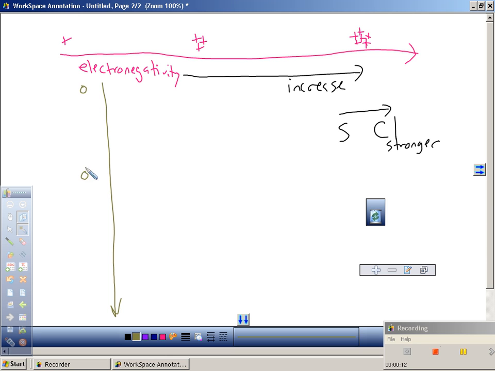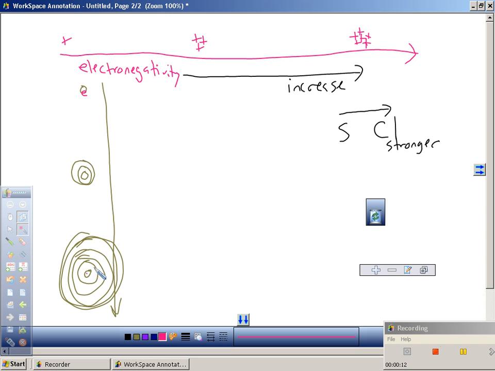I have 1 shell, down to 3 shells, and then I can get to 6 or 7 shells. So we're asking which one pulls on an electron the most? Well, this one, the electron's right there, right in front of that nucleus. It's going to pull on it with a lot of force.